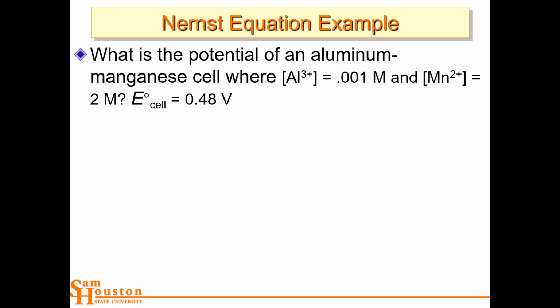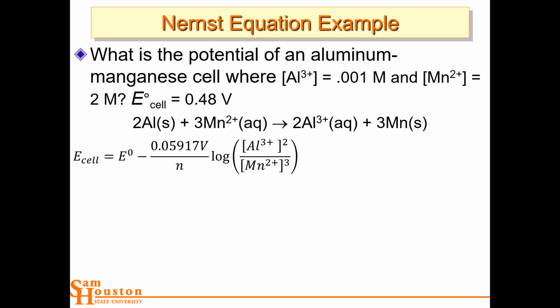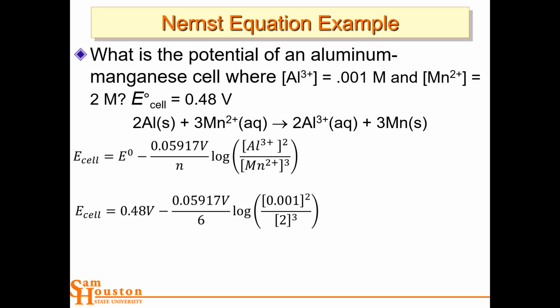Okay. So let's do an example of the Nernst equation. That same cell. So if we put in the 0.01 molar aluminum and 2 molar manganese, we have the Nernst equation. We have 6 electrons transferred. If you'll notice here, we have 3 times 2 plus, and that produces 2 aluminum ions that are 3 plus.